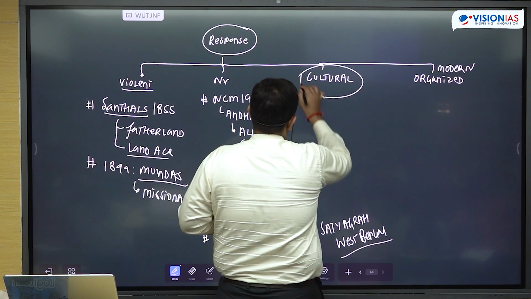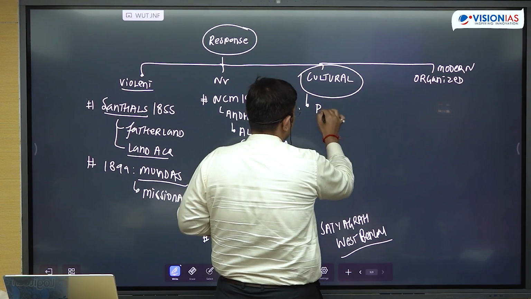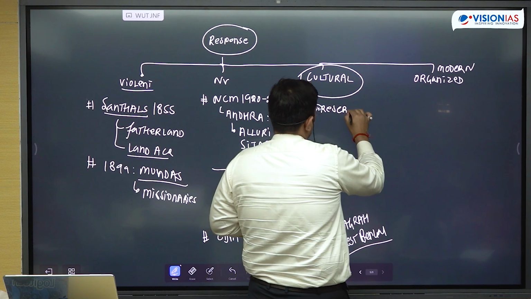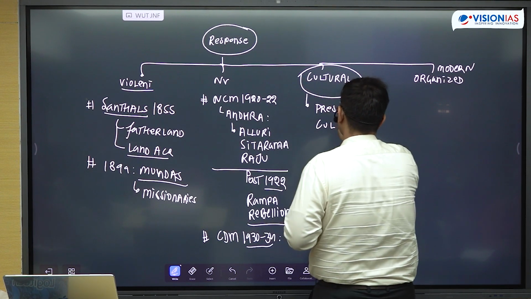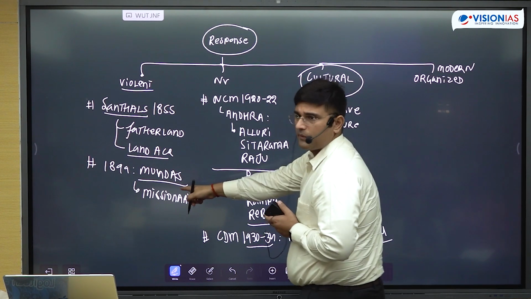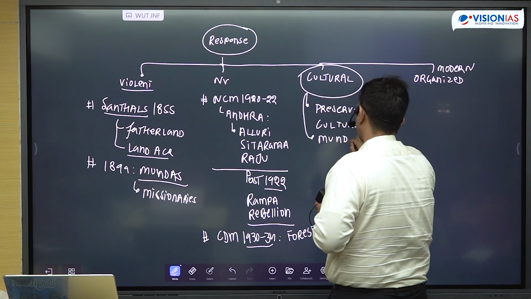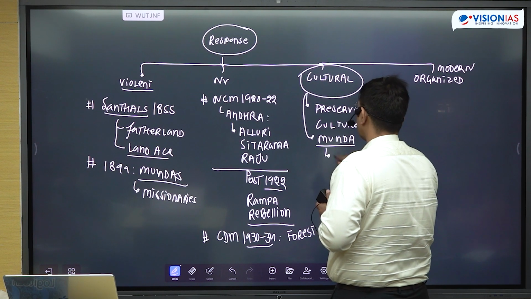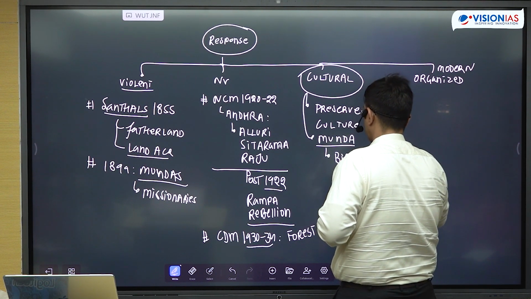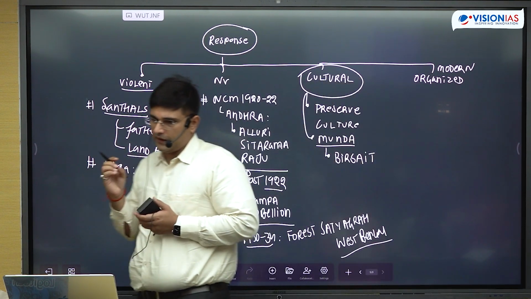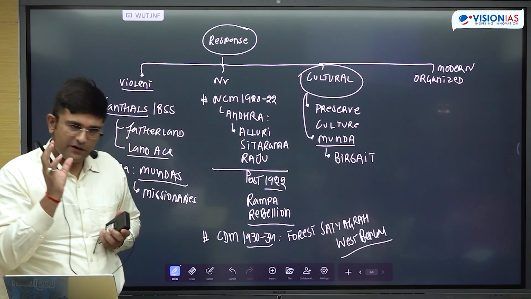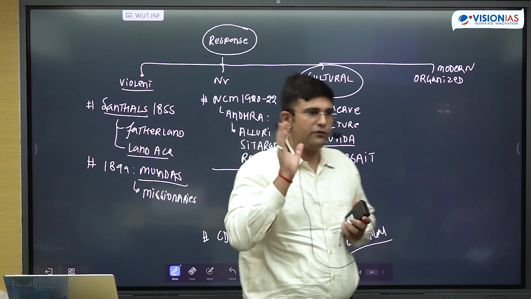Cultural response: the tribes tried to preserve their culture. For example, Birsa Munda tried to create a new religion called Birsait. It basically said that there is only one God and that God is not a foreign God.